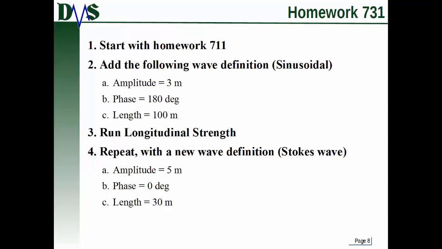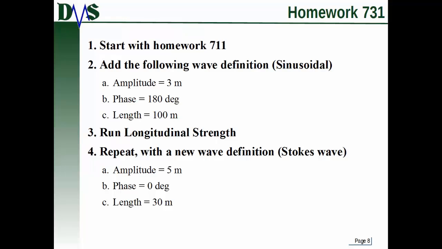Once you've put that wave definition in there, run longitudinal strength. And then I want you to repeat this, turn off the current wave, add a new wave back in with a Stokes wave, amplitude of 5 meters, a phase of 0 degrees, and a length of 30 meters.